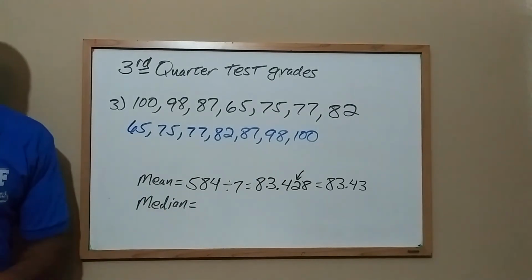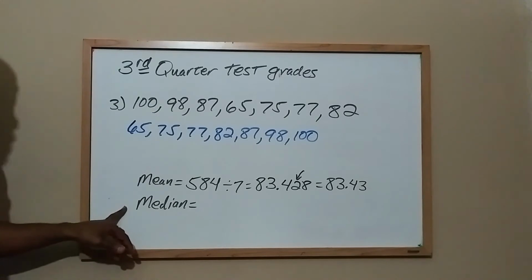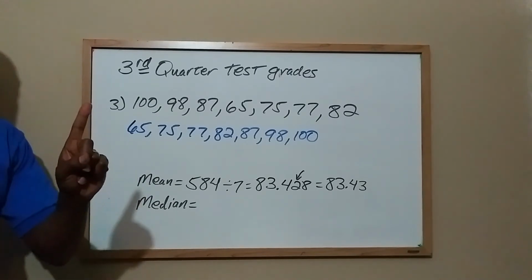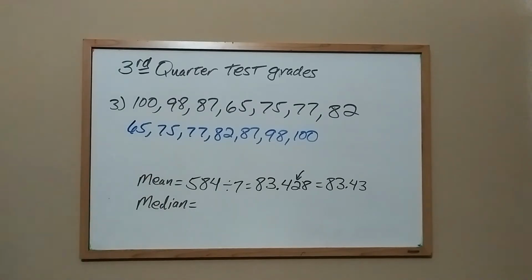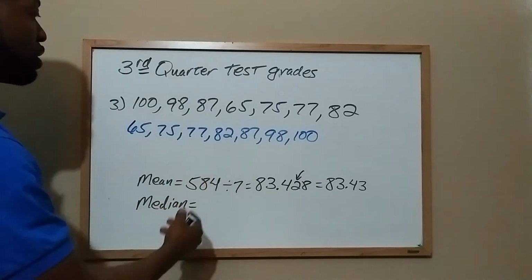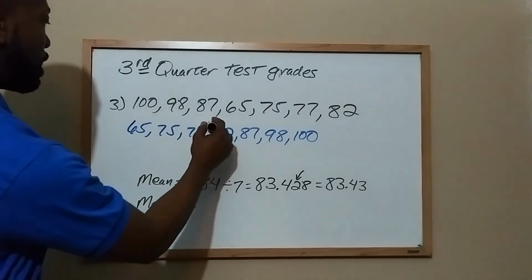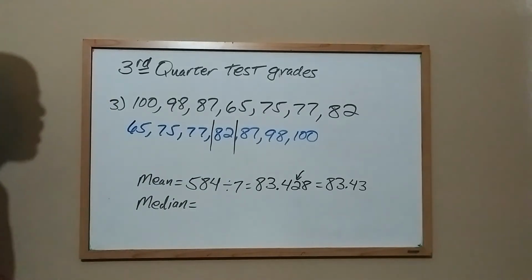7 is an odd number. Since 7 is an odd number, that means for my median, for my middle number, I should have one number in the middle. All right, so let's see if we can figure that out. Just doing an eye test, it looks like 82 would be the median. Let's check it.